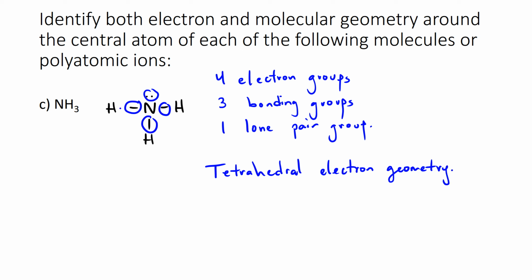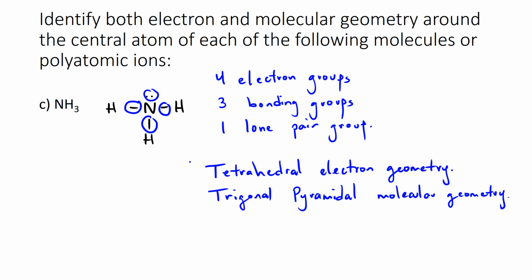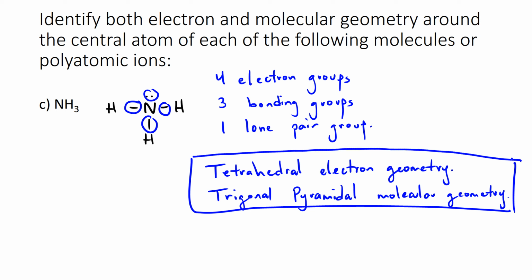And because we only have 3 bonding groups and 1 lone pair, that's going to make our molecular geometry trigonal pyramidal. So those are what this element is.